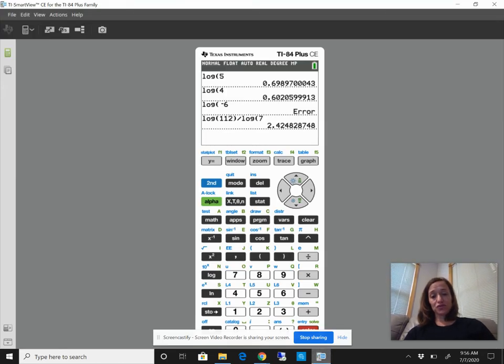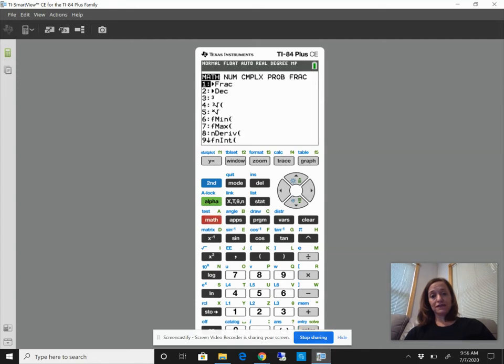If you go to math, and then scroll down, I believe it's just under the math. Log base. Now, if you do not see that and you have a TI-84 calculator, I can update the software in your calculator. That would be the case only if your calculator is older. If you have a newer TI-84, you'll have this in there.